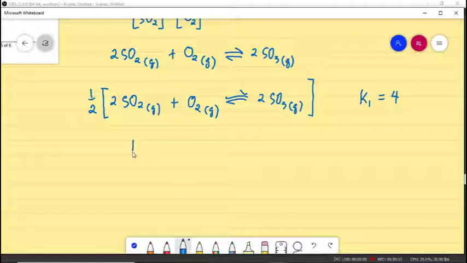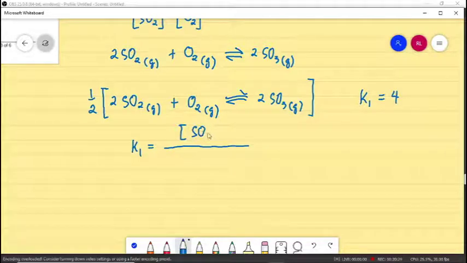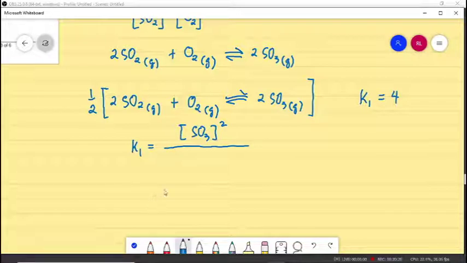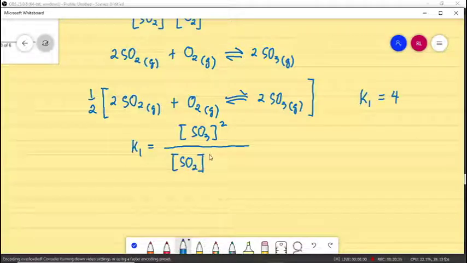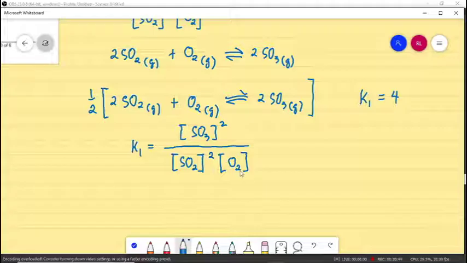So you have K sub 1 is equal to, okay, the concentration of sulfur trioxide raised to the power of 2 divided by the concentration of sulfur dioxide raised to the power of 2 times the concentration of oxygen gas.